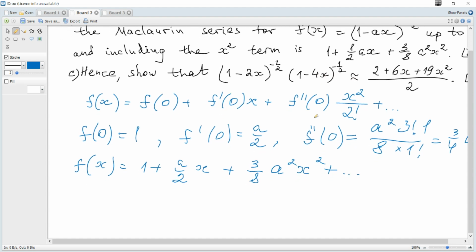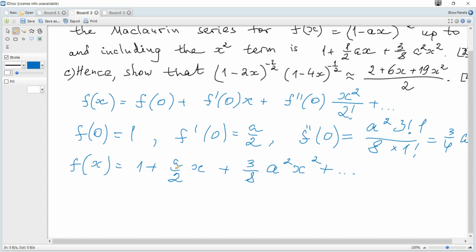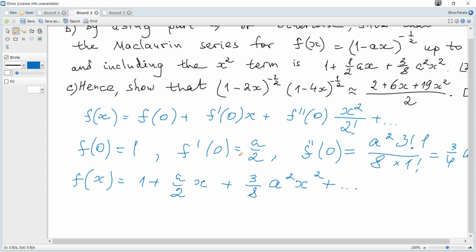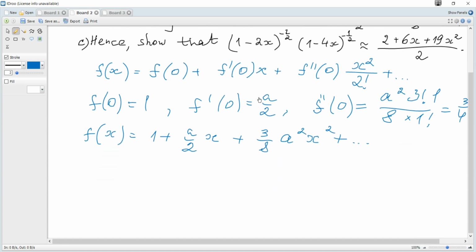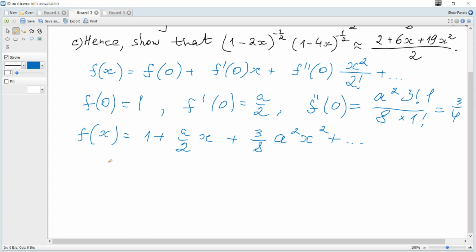So just substituting 2 for a, we get that 1 minus 2x to the power of negative a half. So let's rewrite.